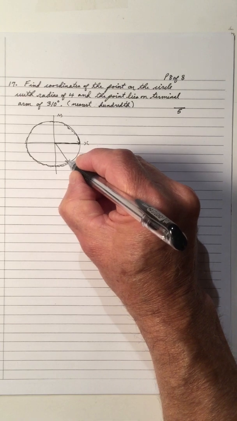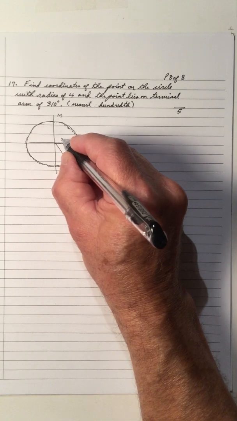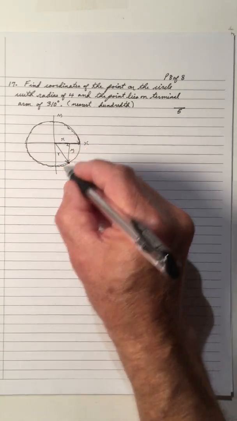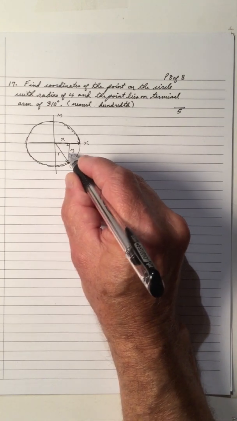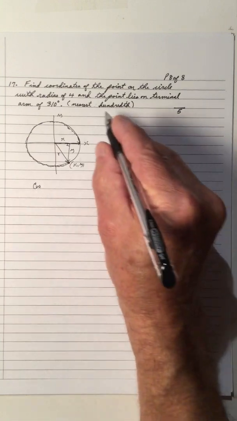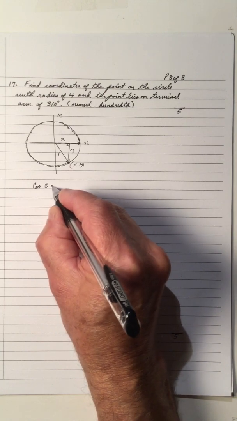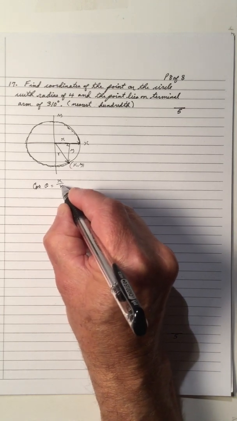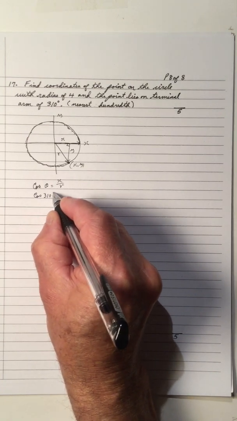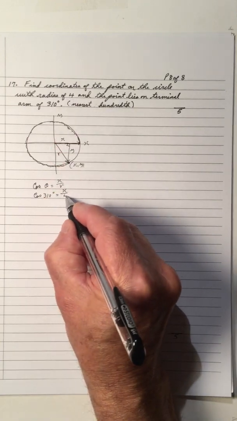And we drop a perpendicular to the x-axis, and this is the x, this is the y, and this is the r. So the coordinates of this point are x, y. The cos of theta, where theta is the rotation, is x over r. Therefore the cos of the rotation 310 degrees is x over the radius of 4.